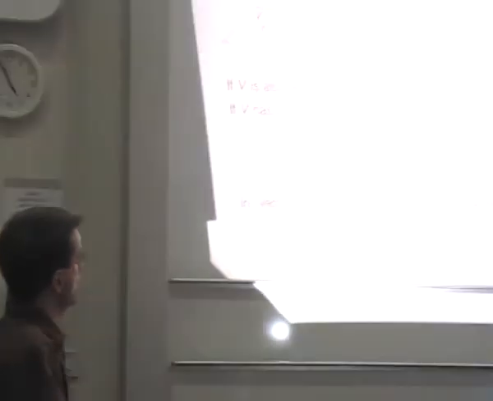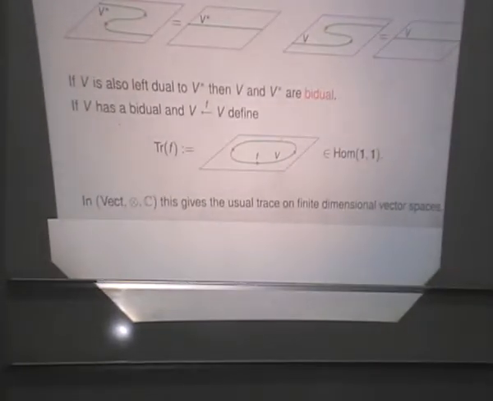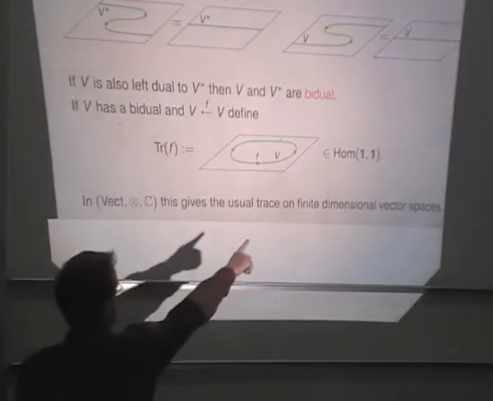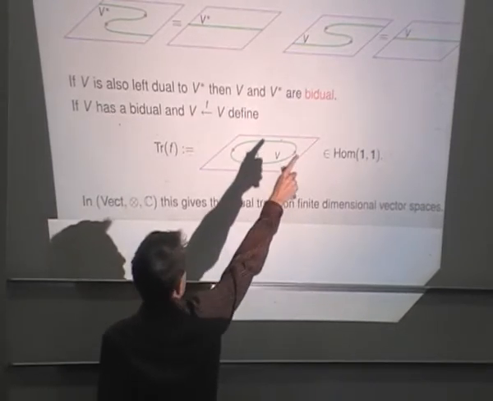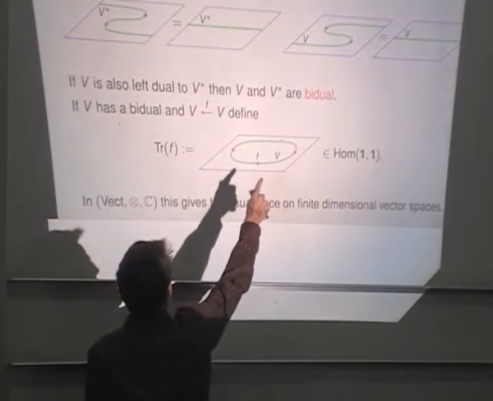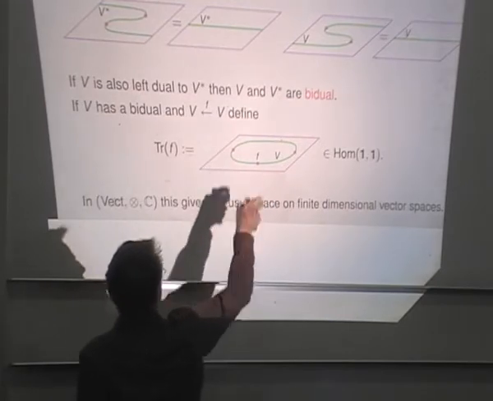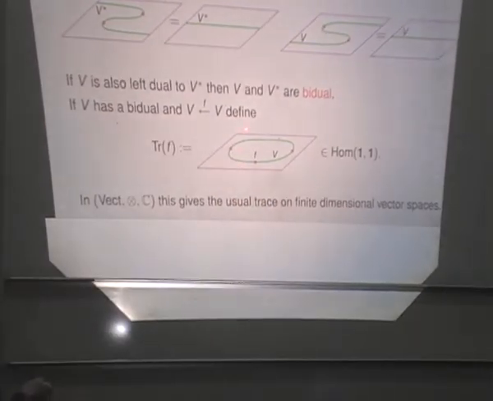So we just do a co-evaluation first. So we're going from the unit object, we come this way, we do the co-evaluation. So we've got V tensor V star, we apply F to V, so we've got V tensor V star, and then we apply the other evaluation here, and that gives us a morphism from the unit object to the unit object, and that's what we define the notion of trace in the monoidal category to be.